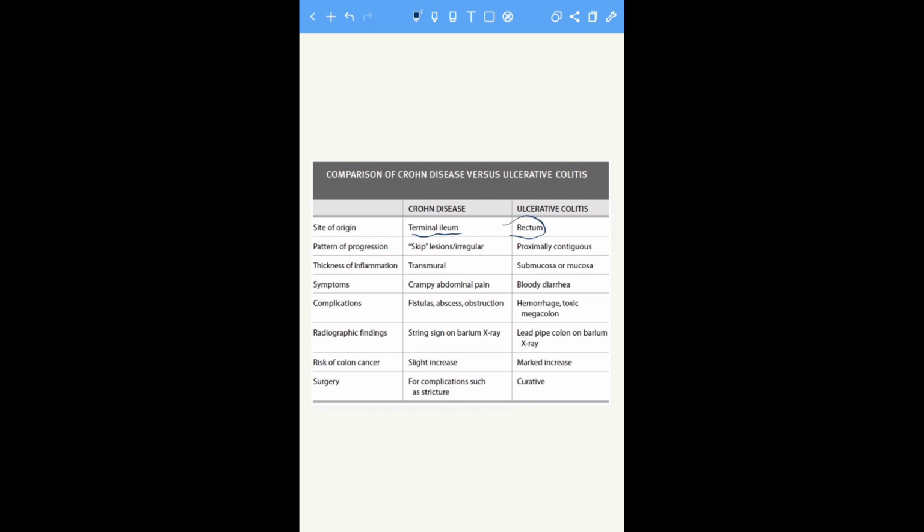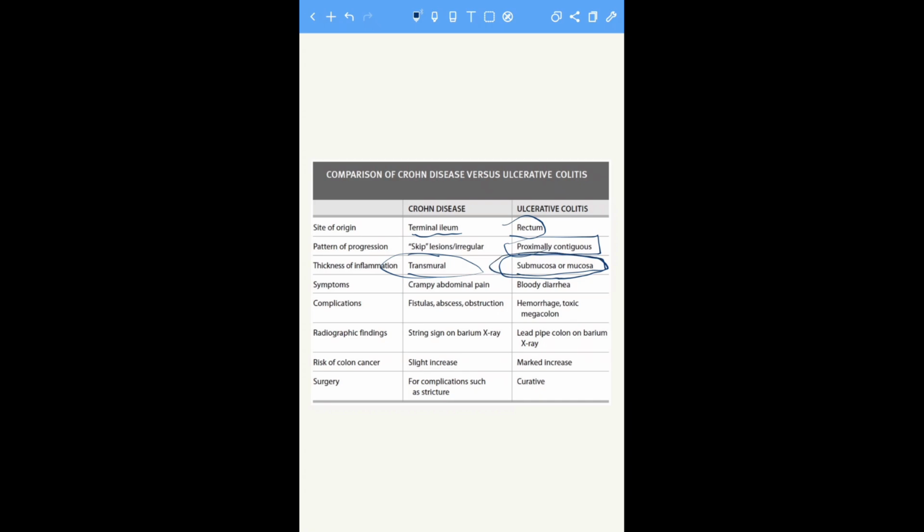In pattern of progression, there is a skip lesion in Crohn's disease, while in ulcerative colitis, it is continuous or contiguous. It is present in one area and goes through the other and invades the other areas. The thickness involved in Crohn's disease is transmural, and in ulcerative colitis it is in the mucosa and submucosa.